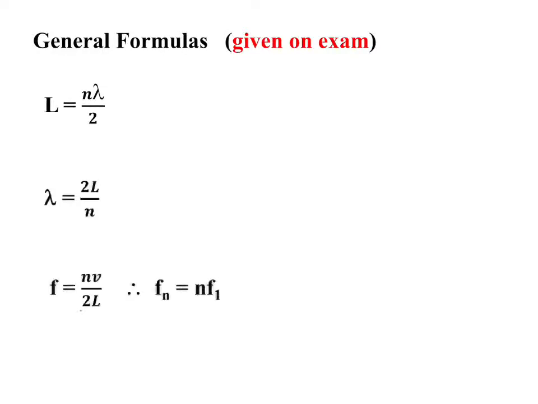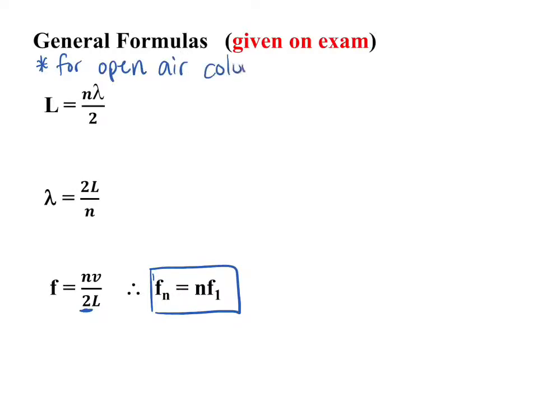And then of course we still have these, but again, we have the 2L here, and our frequency at the nth harmonic is always related to the fundamental frequency by multiplying n, the number harmonic, by the fundamental frequency, okay? So again, this is for open air columns. And you know you're working with open air columns if we're working in halves.